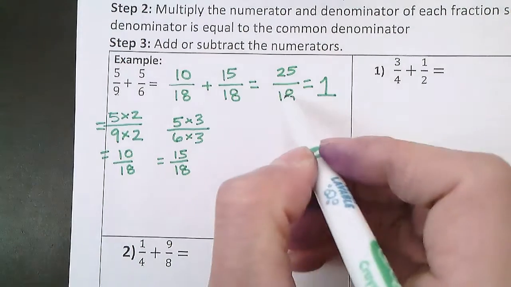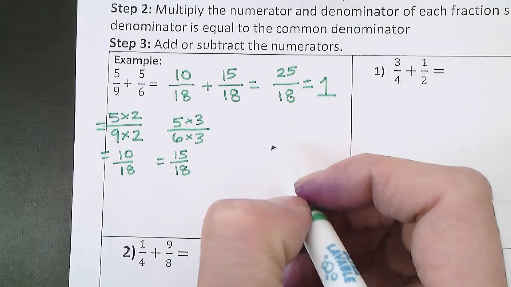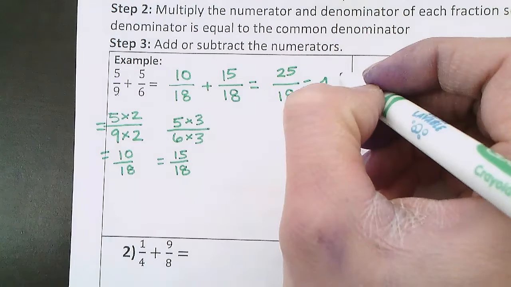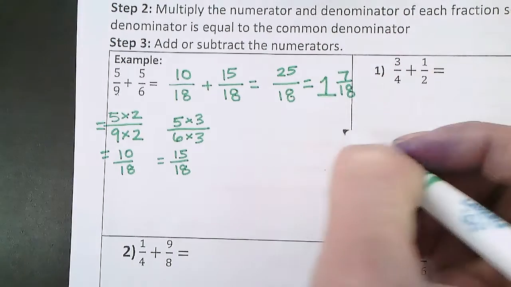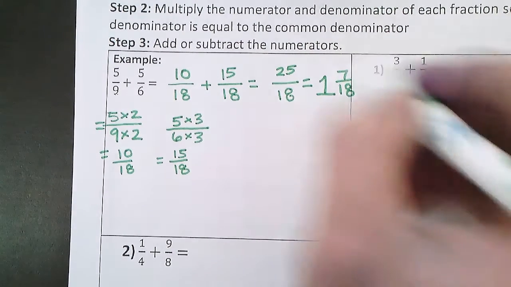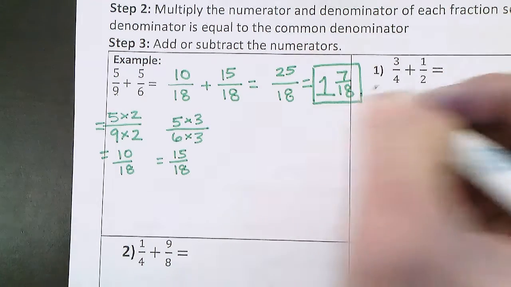And if we take out 18 from the 25, how much is left over? I have 7 left over. So it's going to be 7 out of 18. I check to see, can I simplify this any further? No, I can't. So my answer is 1 and 7 out of 18.